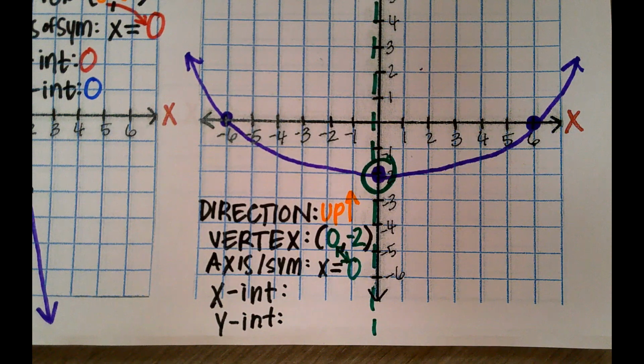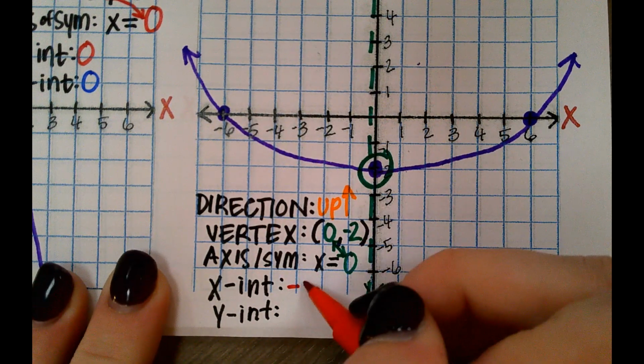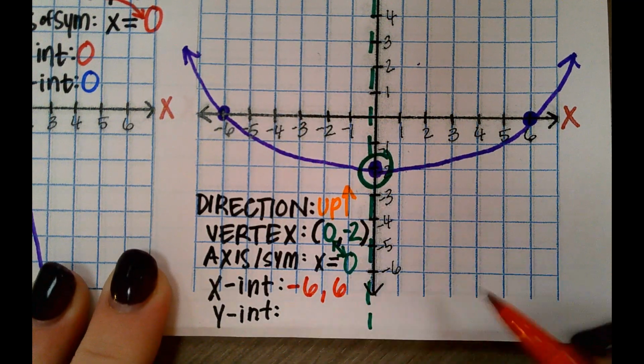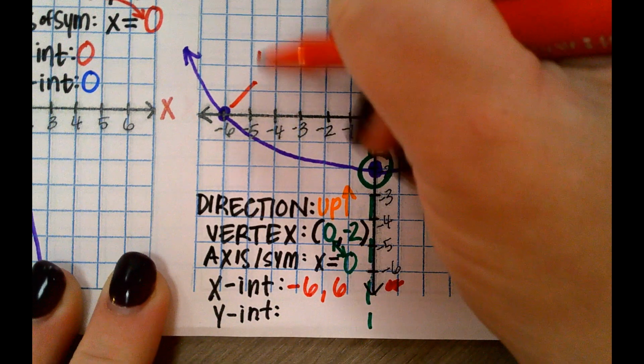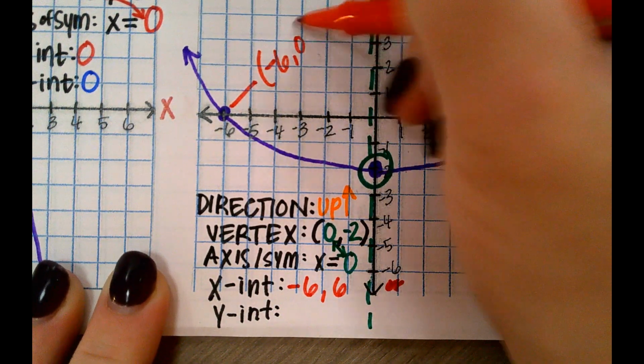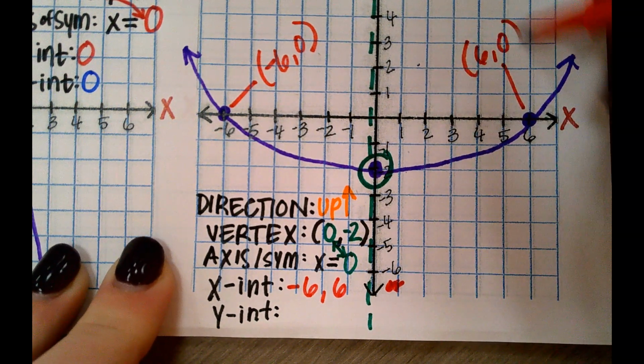Now, how many x-intercepts are there? There's 2. And what are they? Good. -6 and +6. You could also say -6, 0 and 6, 0.